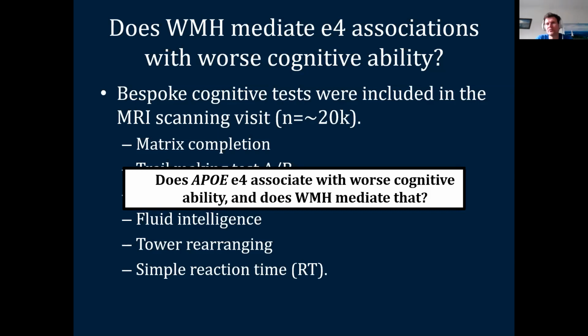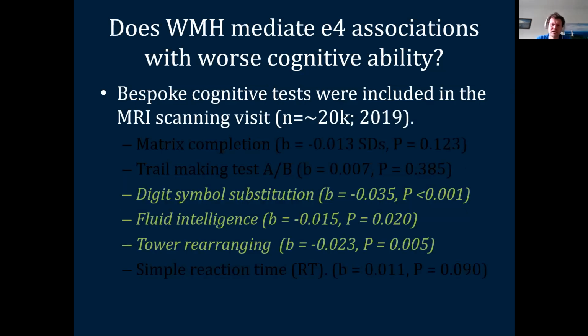On the basis of what we knew from that first study in 2017, 2018, and having this new cognitive data, we asked to what extent does ApoE4 associate with worse cognitive ability in the MRI subsample, and does our association with white matter hyperintensities mediate any associations that we find? Generally, and this is reflecting having an ApoE4 allele versus not, there were associations with digit symbol, worse fluid intelligence, and worse tower rearranging.